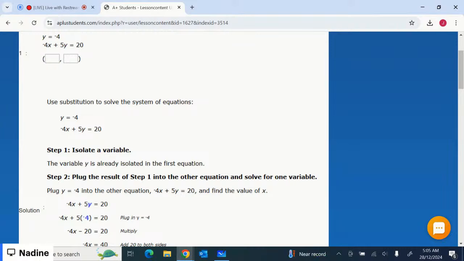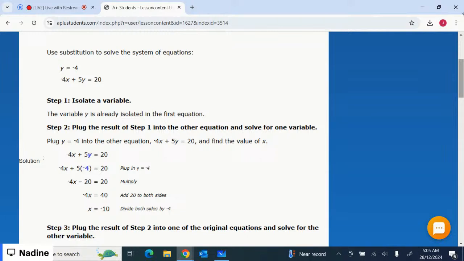So simply substitute y equals negative 4 in equation number 2. Replace the y with negative 4 and solve: negative 4x plus 5 times negative 4 equals 20. 5 times negative 4 is negative 20, so negative 4x minus 20 equals 20. When you solve for x, x equals negative 10.